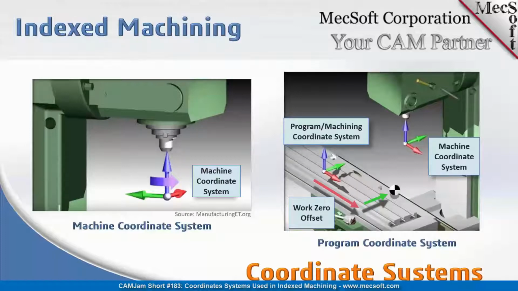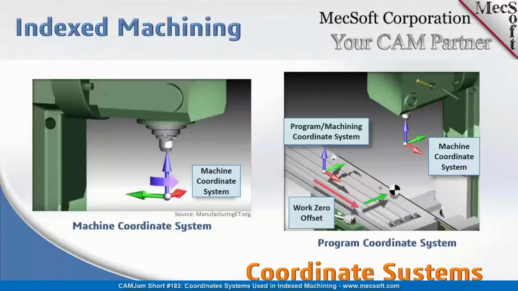When I say align, you just need to make sure that the z-axis of your world coordinate system is parallel to the z-axis of your machine tool coordinate system. And similarly, the x and y axes of your design coordinate system are parallel to your machine coordinate system. Once you do that, machine tool vendors typically have the ability to reset the 0 of the machine.